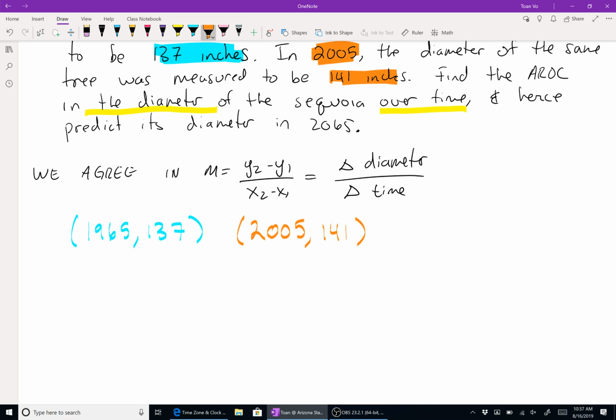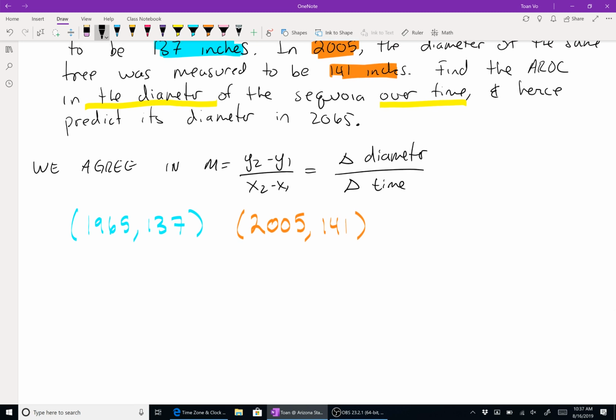I'm asking you to find the average rate of change. Average rate of change is just slope. We have the slope formula. We're done, right? Just plug it in and be happy. The only difference is instead of m equals, because it's not slope, it's average rate of change equals y sub 2 minus y sub 1 over x sub 2 minus x sub 1.